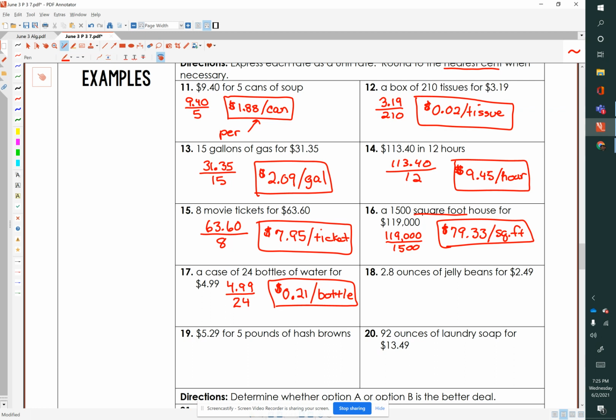So number 18, 2.8 ounces of jelly beans for $2.49. That's $2.49. We have decimals here, divided by 2.8 ounces, and that comes out to 89 cents an ounce, which we use a heads up 0.89 per ounce.